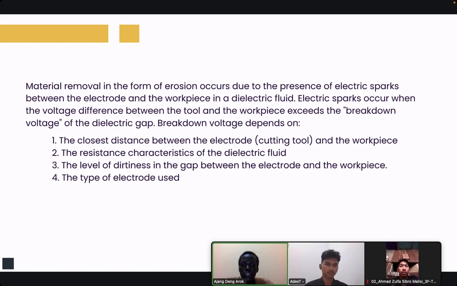Breakdown voltage depends on the closest distance between the electrode, which is the cutting tool, and the workpiece. How close they are or how far they are, that's what it depends on. It also depends on the resistant characteristics of the electric fluid, the level of dirtiness in the gap between the electrode and the workpiece, and the type of electrode that is being used.